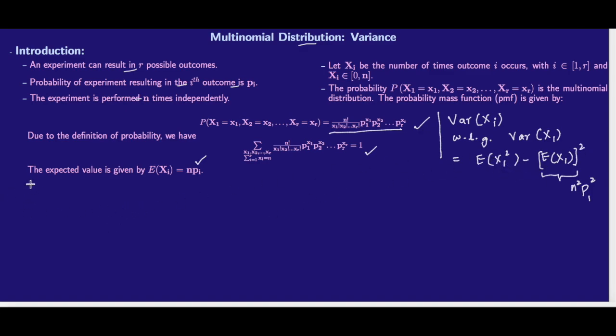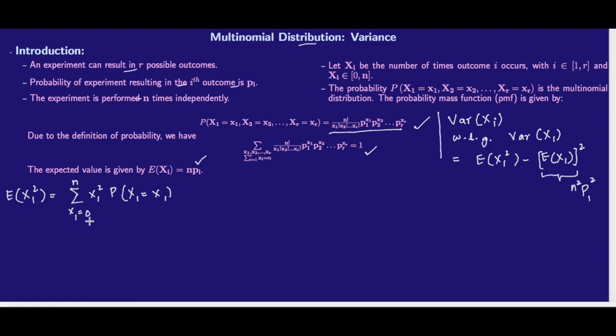We start with the definition. E of x1 squared is equal to the sum over all values of x1 of x1 squared times P(X1 = x1). And X1 can take all values between 0 and n.